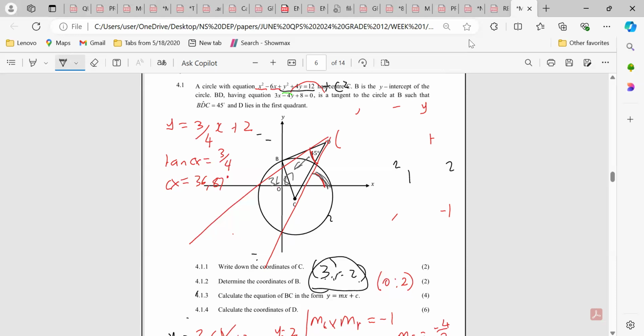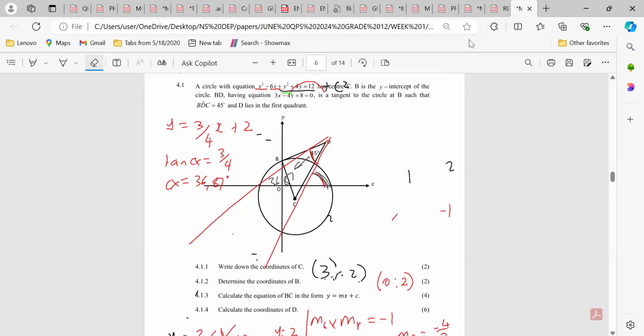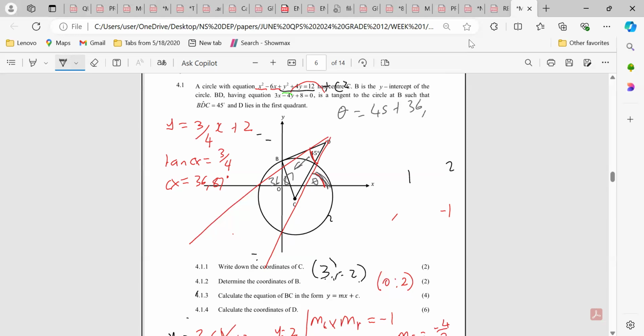So I can safely say angle theta, let's call this one theta because we don't have a name for it, is going to be given by 45 plus 36.87, because it is an exterior angle. So theta is 81.87. So that is an angle of inclination.